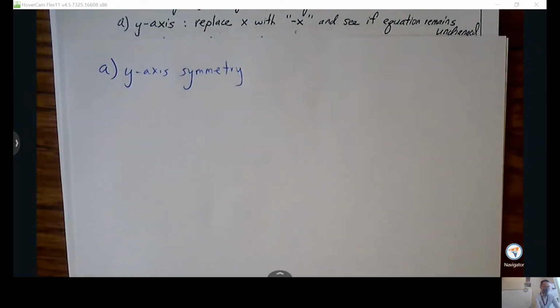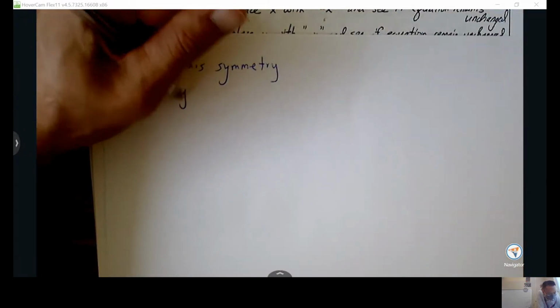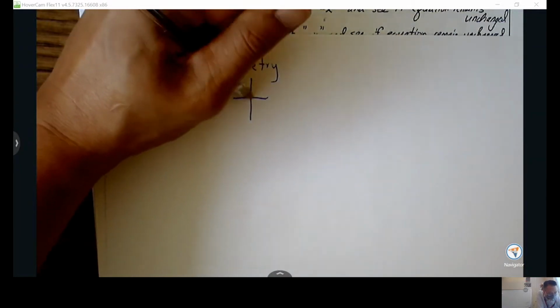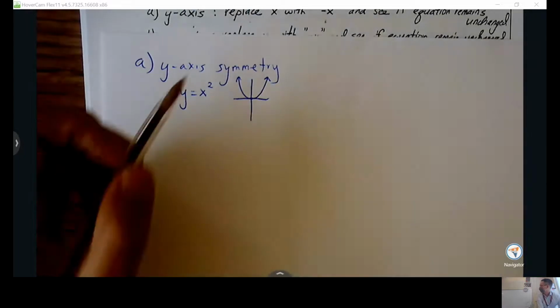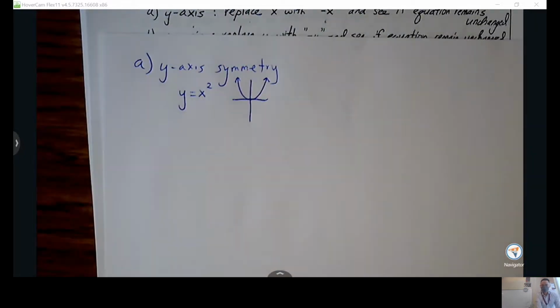An easy one that we all kind of recognize is y equals x squared. We know what the graph looks like, just a parabola through the origin. Visually, we can convince ourselves that there is y-axis symmetry.